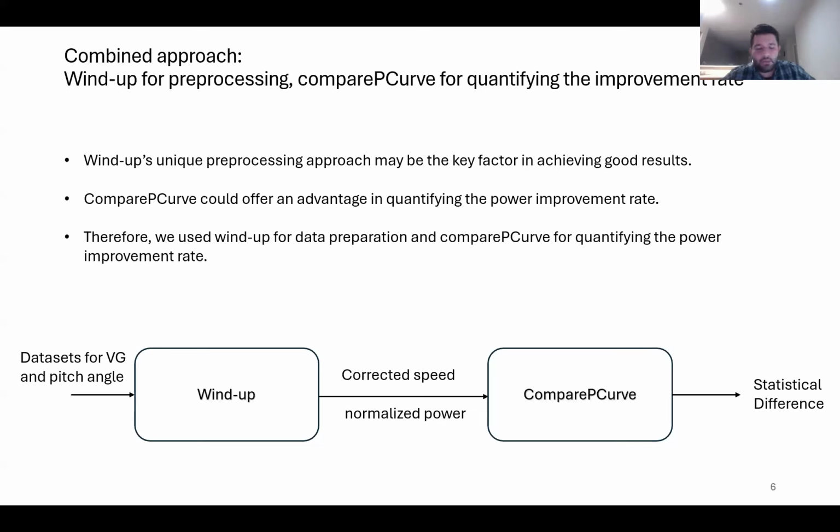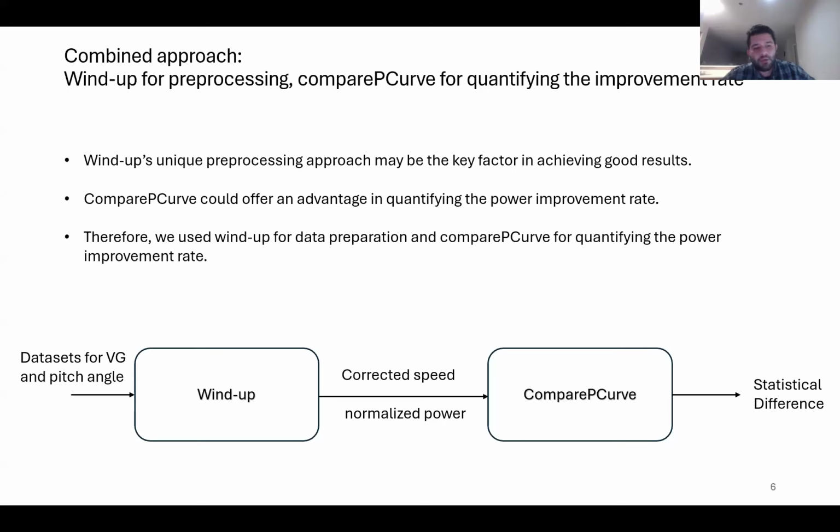So what we thought is combining these methods by using WindUp for preparing the data, and then Compare P-Curve for measuring the statistical difference. The process is straightforward. We implement it on both data sets.